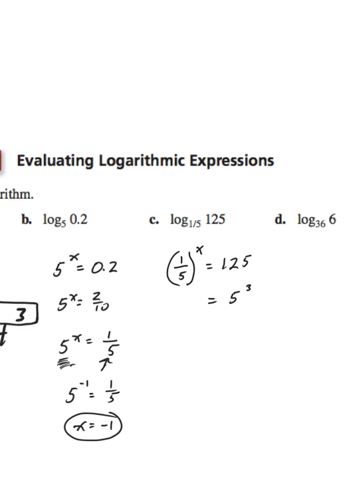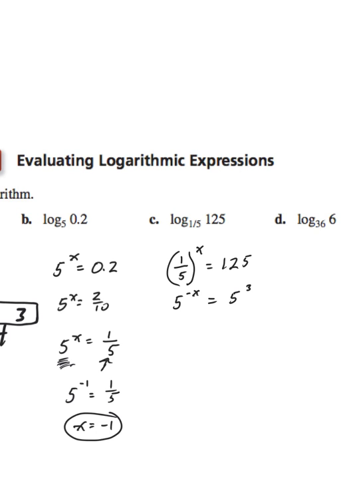But right now I have a 1/5. So how might I change that 1/5 to a 5? What do I do to flip the number from one side of the fraction bar to the other? Well, if you remember, that's going to be the same as 5 to the negative x. The negative is what flips it. If I'm going to unflip it, I'm going to make a negative.